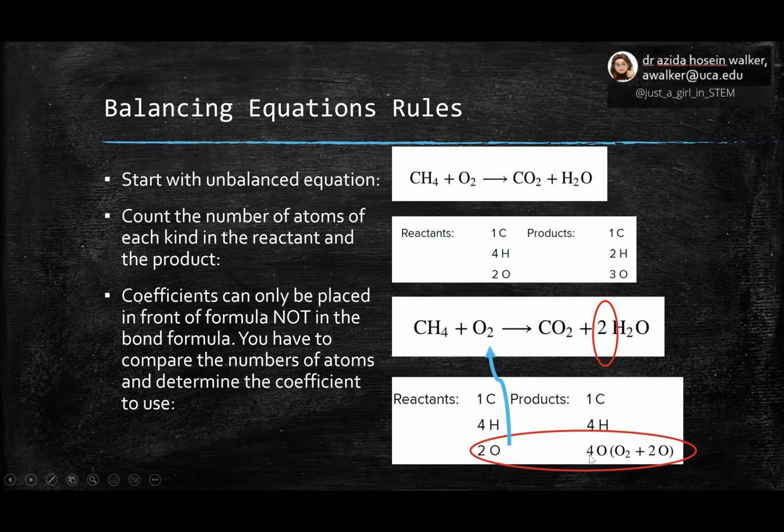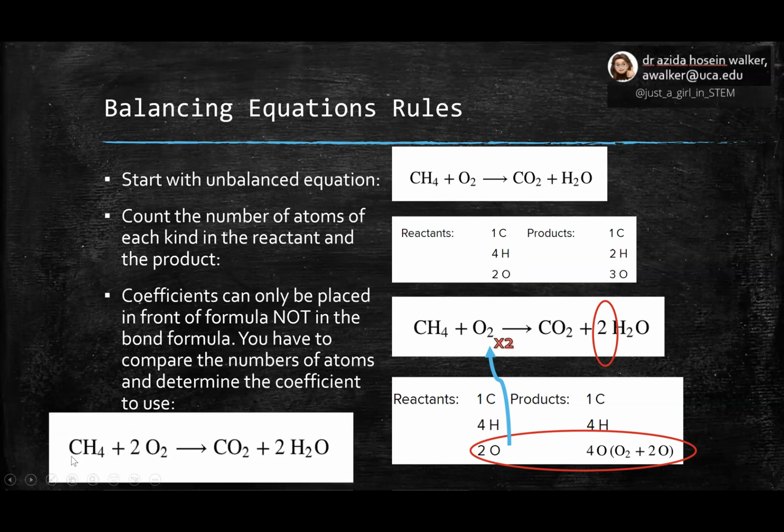So we have 4 oxygen on the product side, and only 2 on the reactant side. So if we look at this 2, and we multiply that by 2, we can get 4 on this side, and then we have 4 on that side, and it'll be balanced.